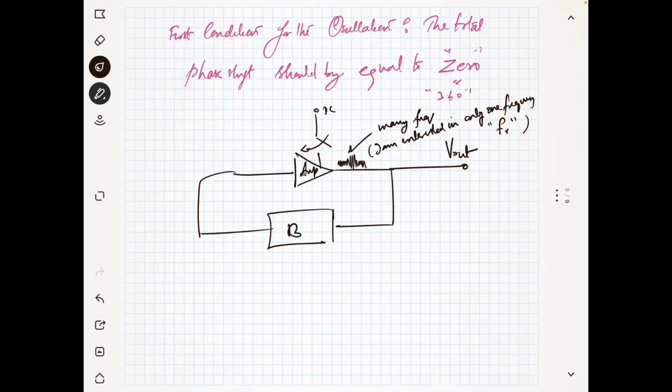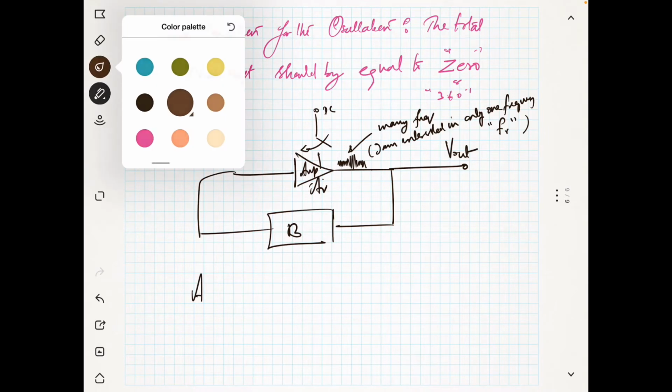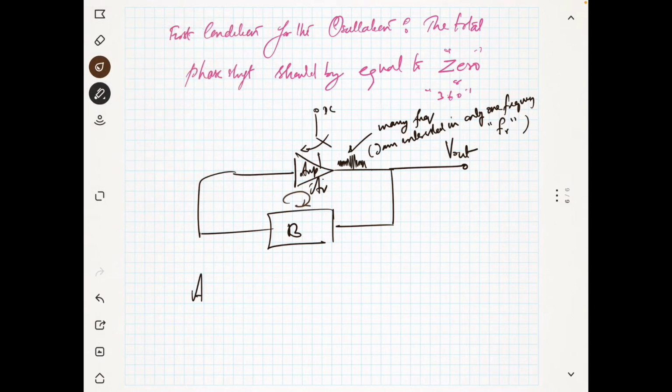So what I will do, you see here that if I set my gain of this amplifier, for example, this gain is AV and this is beta, then the total gain of the loop, the loop gain, will be AV into beta.